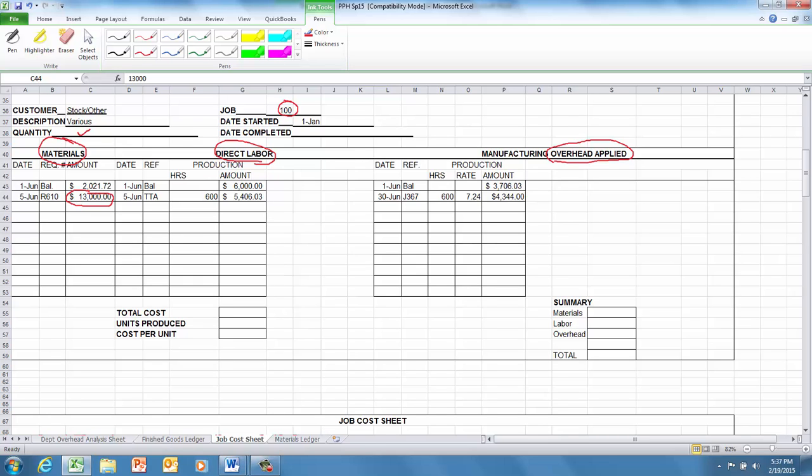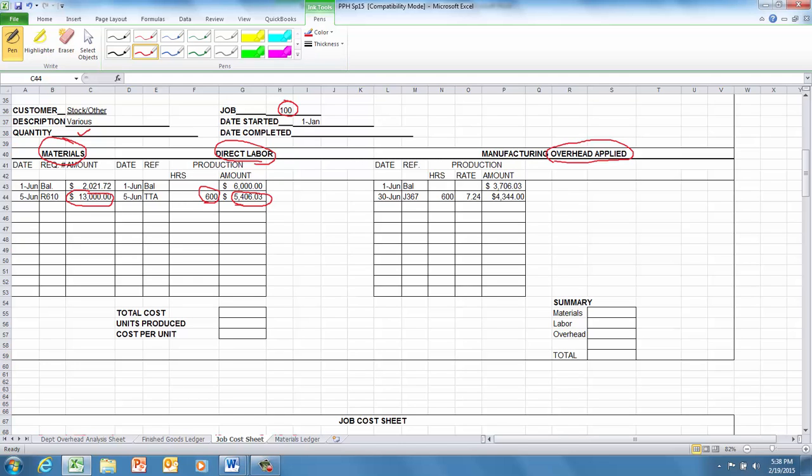Here's the beginning balance of 6,000, and now I have my date. Here's the 600 hours. Here's the amount, 5406.03.